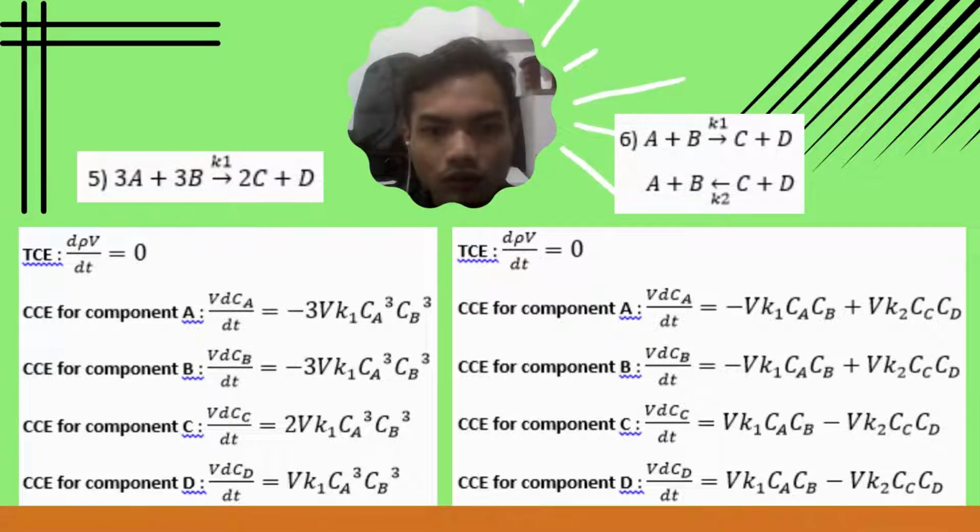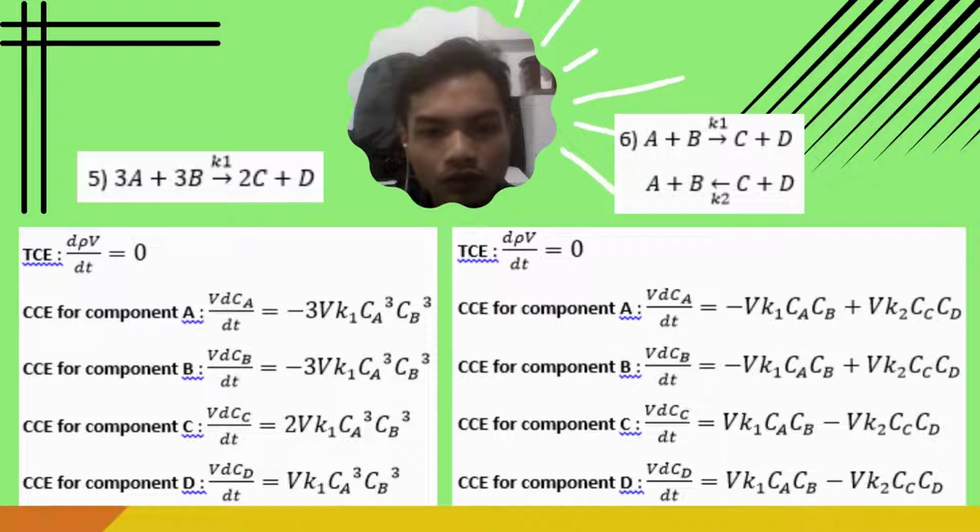The negative sign is because A is consumed in this process and 3 components of A are consumed. The CCE of component B is the same, but for component A and B we both got 3 components.